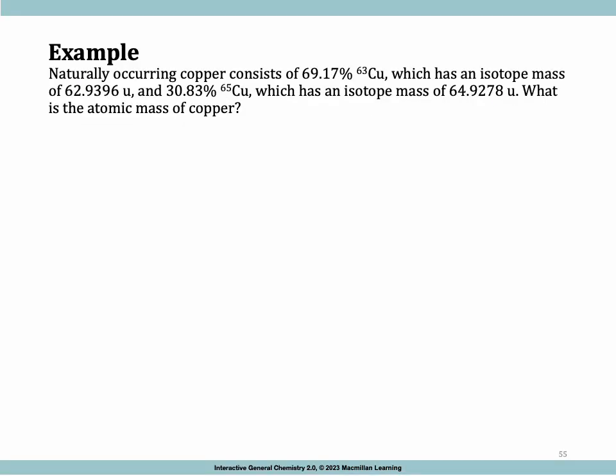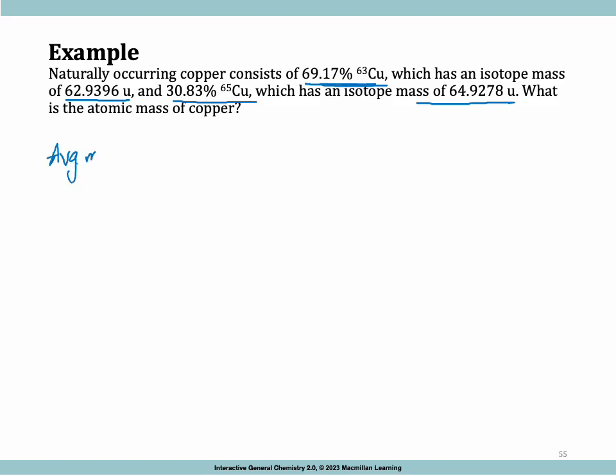Another example is right here. Naturally occurring copper consists of 69.17% of copper 63, which has an atomic mass of 62.9396, and 30.83% of copper 65, which has an isotope mass of 64.9278. What is the atomic mass of copper?